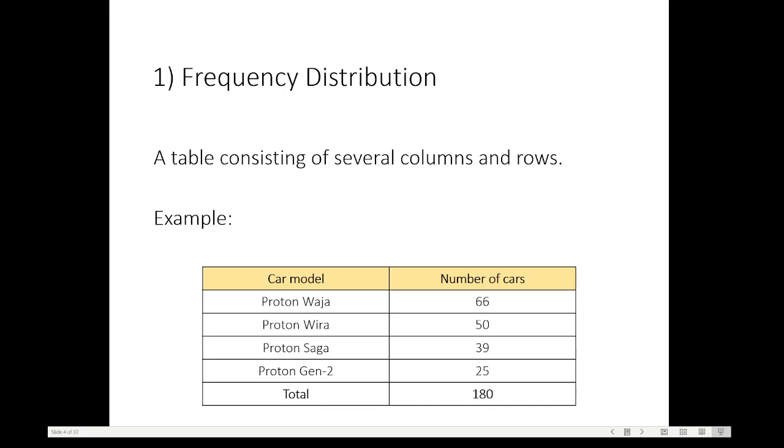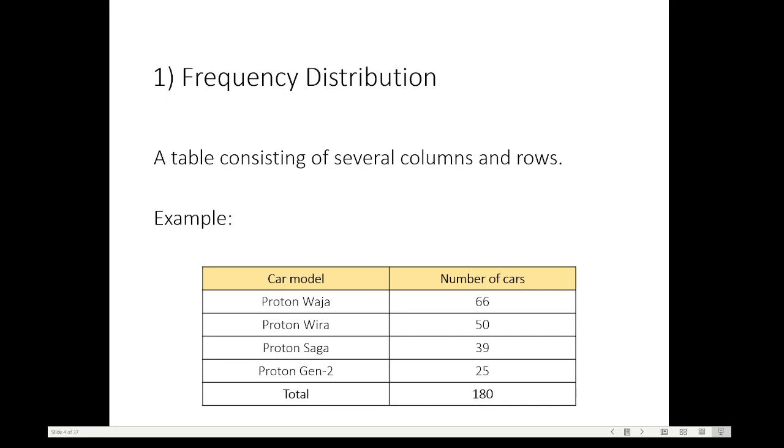You can add a third column representing the relative frequency on the total number of cars sold, and you can also add a fourth column representing the percentage. You convert the relative frequency into percentage. Boleh juga, tak ada masalah.